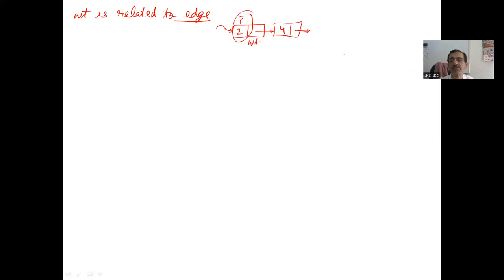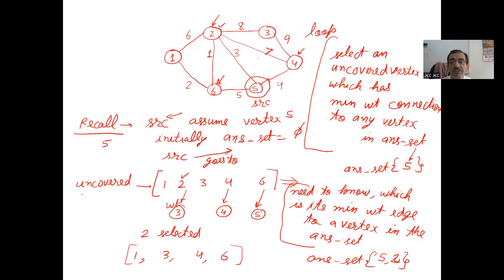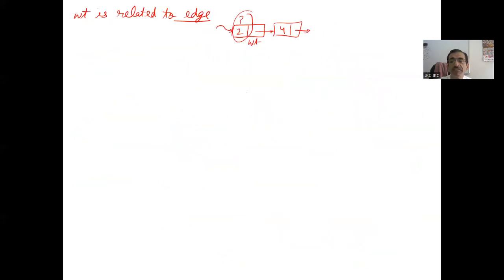Like earlier, with 5, I had 2 at weight 3 and 4 at weight 4. So this was one connection, this is another connection, this is another. Now what we need is that this should be 2 as a vertex and weight as 3.